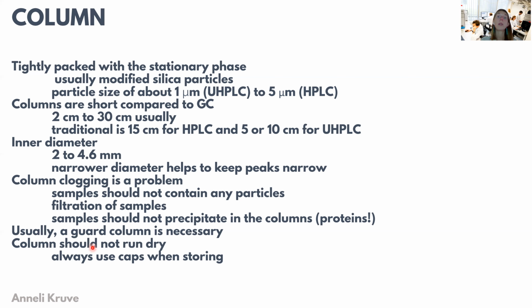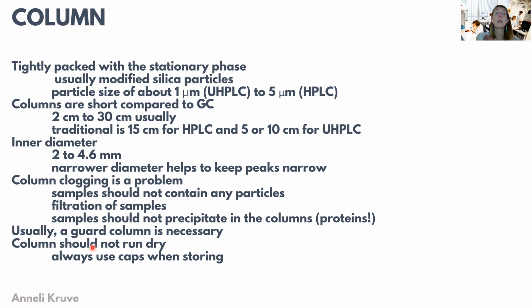It's important that the columns are taken good care of. That means that the columns are well washed when the analyses are finished, so that no dirty samples or something like that is left in the column. If they are, they can still precipitate in the column and make your columns not usable in the next runs. So this is important.